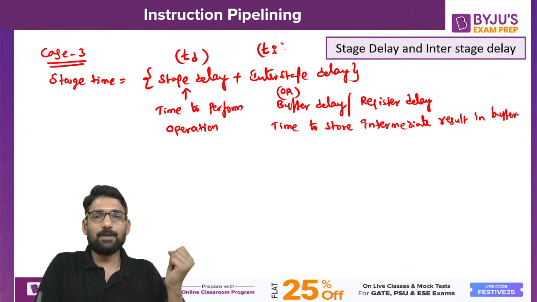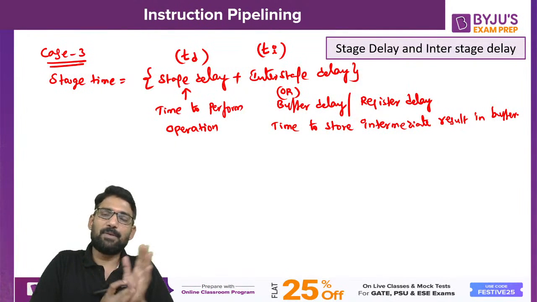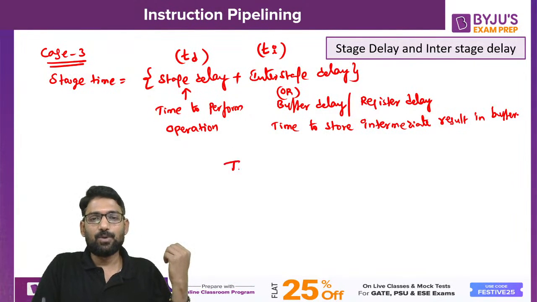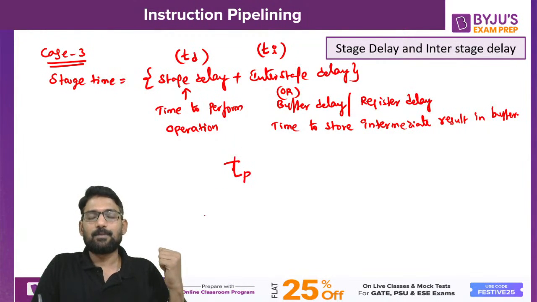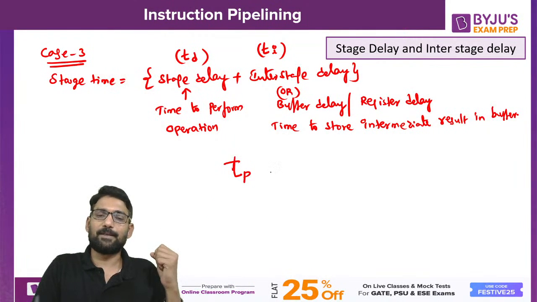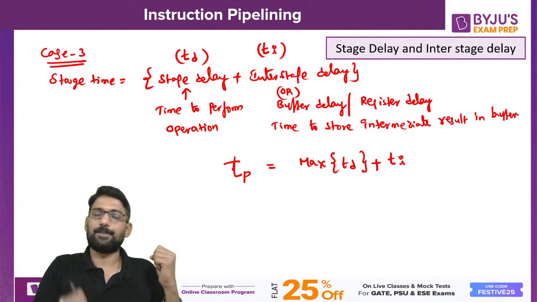So whenever our stage time is expressed in these parameters as stage delay and interstage delay, then how do you calculate stage time in pipelining? This is maximum of stage delays plus interstage delay.